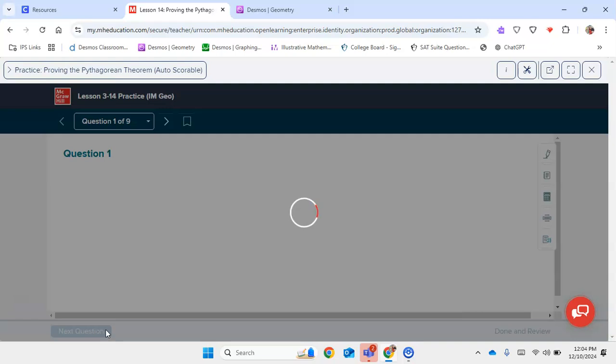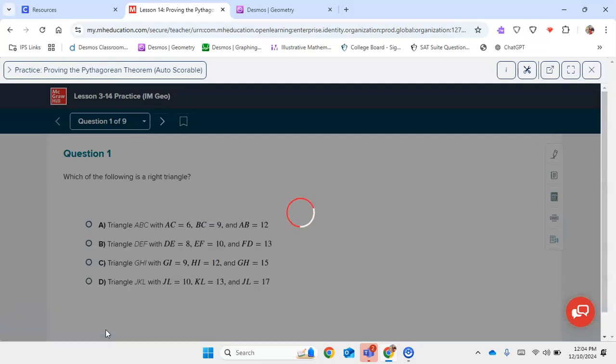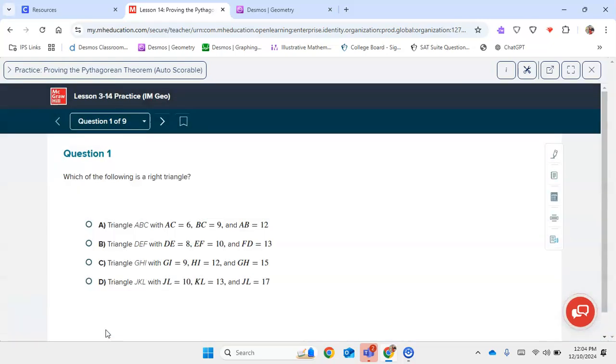Question 1. Which of the following is a right triangle? Well, a common right triangle is a 3, 4, 5 right triangle. 3 times 3 is 9. 3 times 4 is 12. And 3 times 5 is 15.